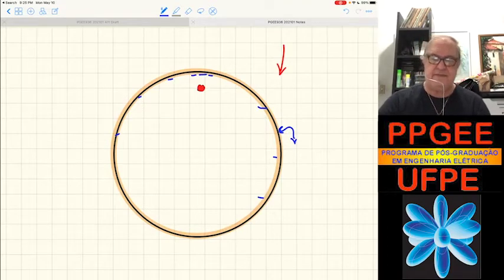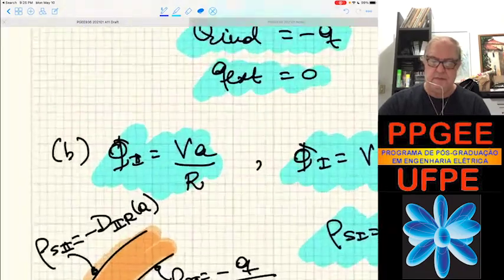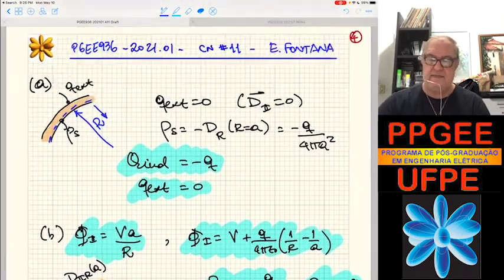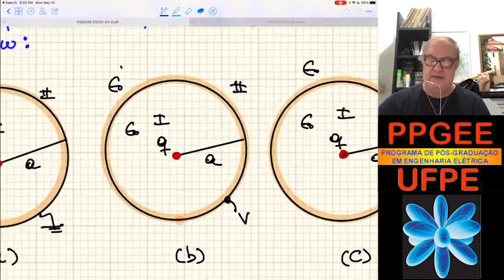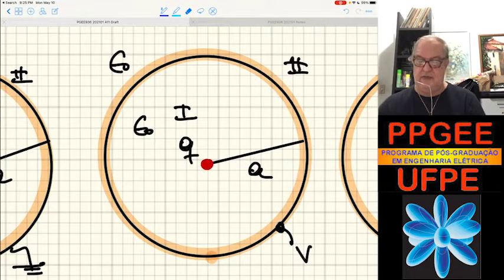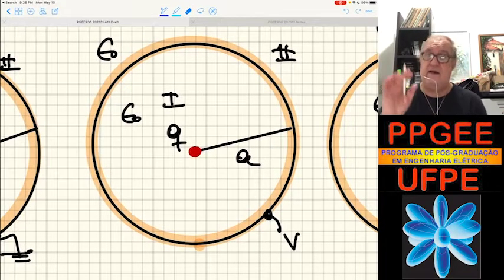In the second case, the second problem, let me show it in more detail. Now we have a little difference.